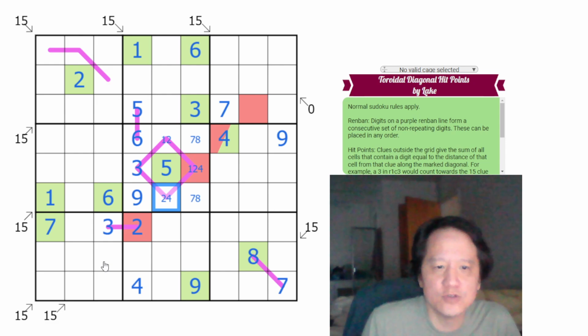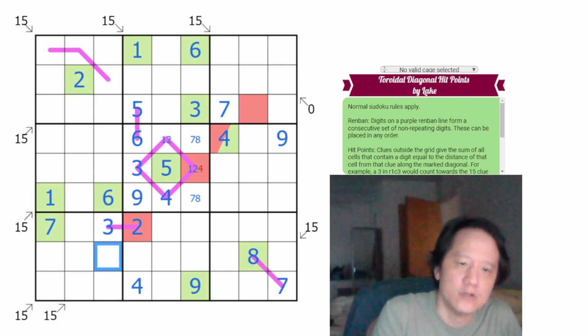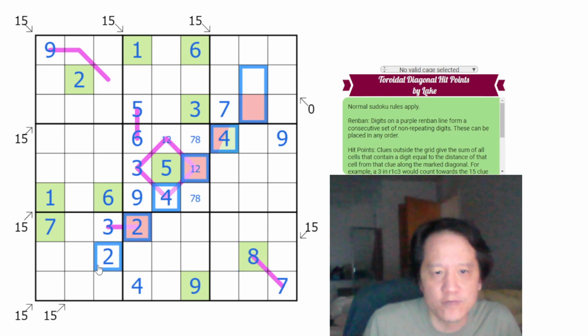It has to be 2, 4, or 9, right? 3's out. 5, 6, and 7 are out. And the only one that forms correctly is 4, 2, and 9. And that's solved for that diagonal.